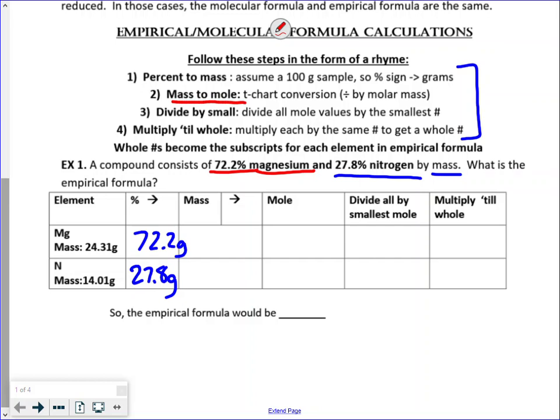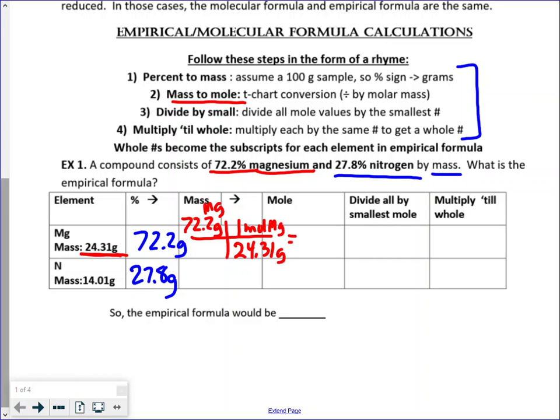That's very easy. Okay? We would do a quick little T-chart, 72.2 grams of magnesium. We know the molar mass is 24.31 from the periodic table. 24.31 grams equals 1 mole magnesium. And then we get the mole amount. So what is the mole amount here?